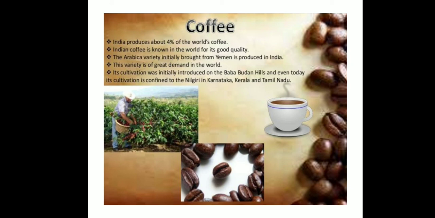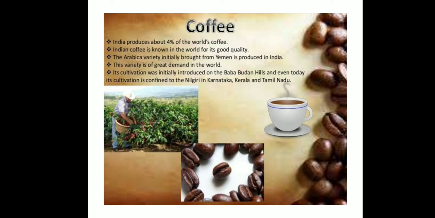That means this variety of coffee, which is produced in India, is in great demand in the whole world. Its cultivation was initially introduced on the Baba Budan Hills, and even today its cultivation is confined to the Nilgiris in Karnataka, Kerala, and Tamil Nadu.